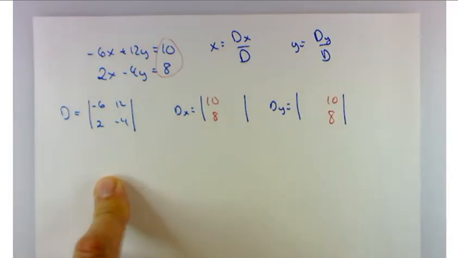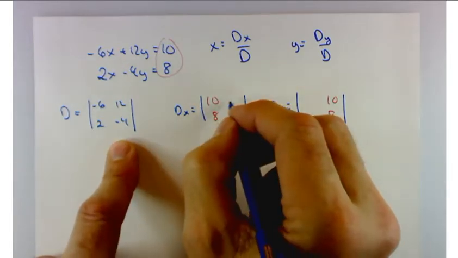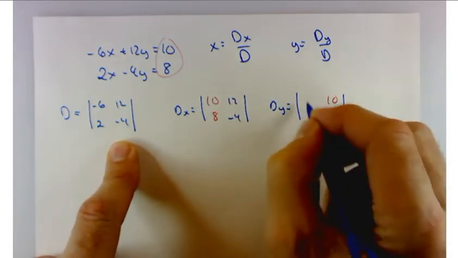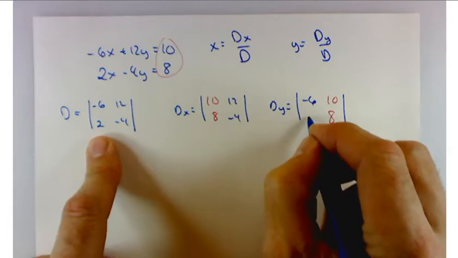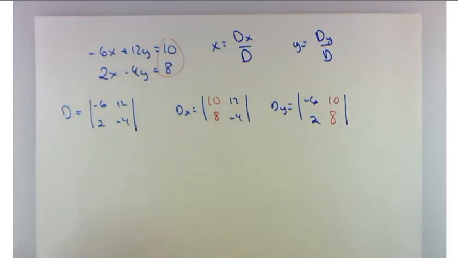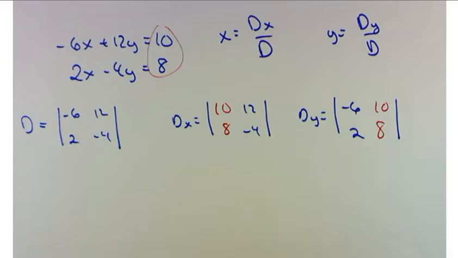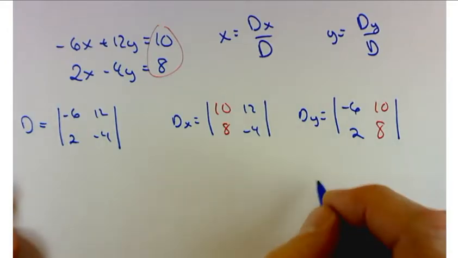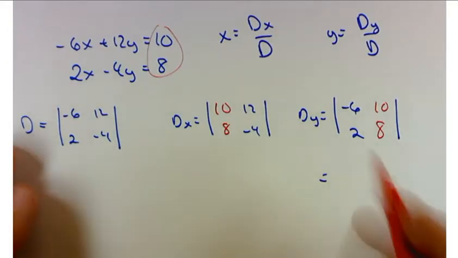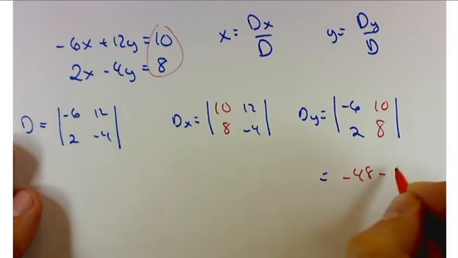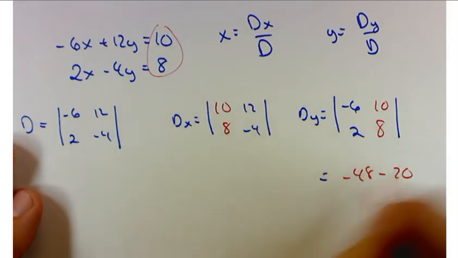The rest of this would be 12 and -4, and then -6 and 2. Let's calculate some determinants. I'll start from right to left. I get -48 minus 20 is -68.